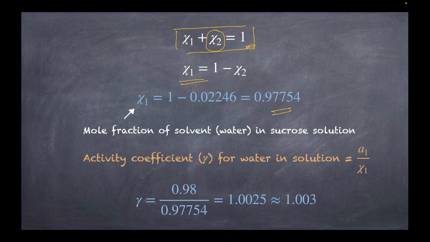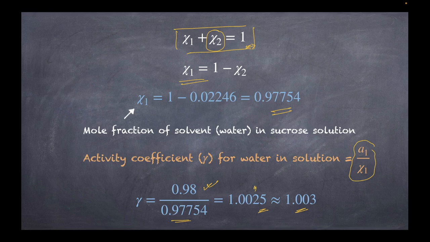Now activity coefficient is A1 divided by chi1. So gamma will be equal to 0.98, that is the activity A1, divided by the mole fraction of solvent in our solution, which is 0.97754, which gives 1.0025, and up to third decimal places it will be equal to 1.003. Why? Because in the third decimal place it is 2, and after the third decimal place it is 5.